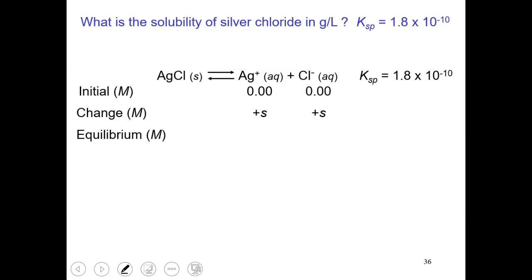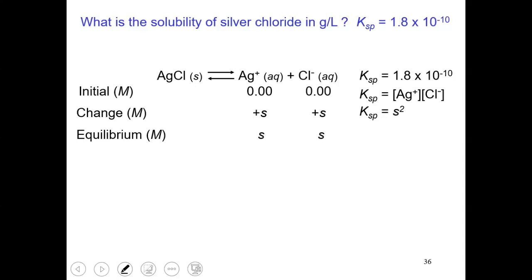And so at equilibrium, what we have is S moles per liter of silver ions, S moles per liter of chloride ions. So what we're going to do then is find out what is the value of S, right? Since KSP is the product of the two molarities, and we just found that that molarity is S, this would be S squared.